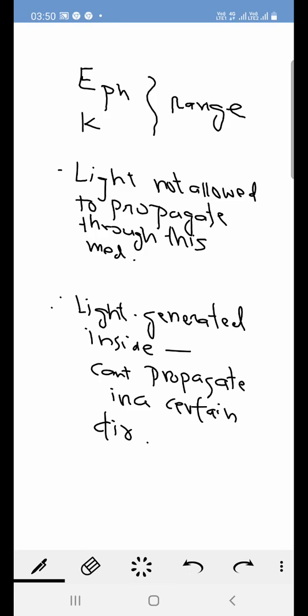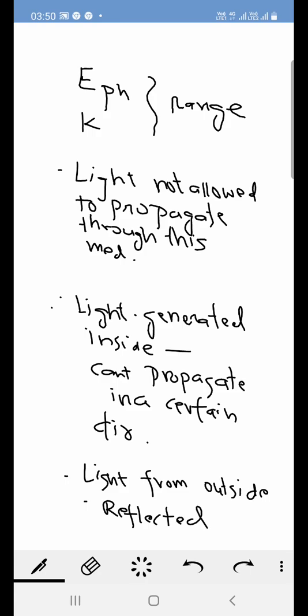And lastly, if we send light from the outside, it gets reflected. So there are three important features.